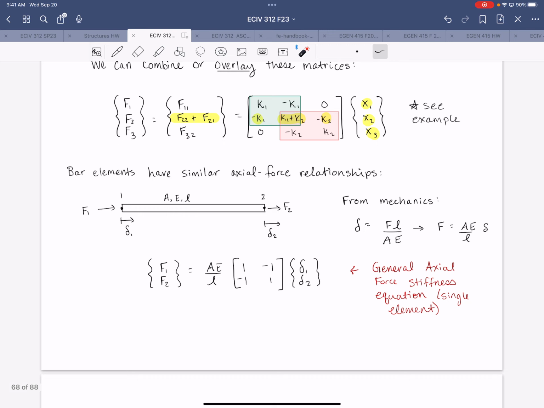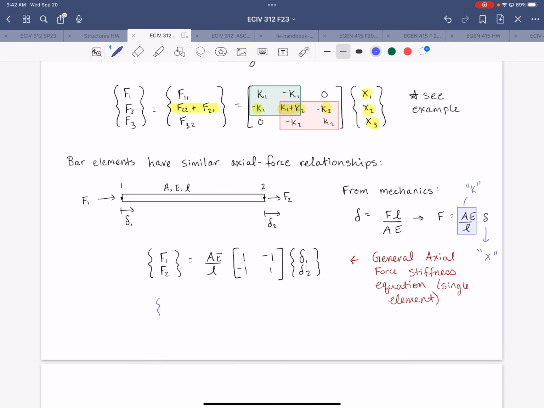And so in the context of a bar element, we have a very similar setup, except now we're replacing K with AE over L. So now this term is our K, and delta is substituted for X, or you can continue to use X if you want.